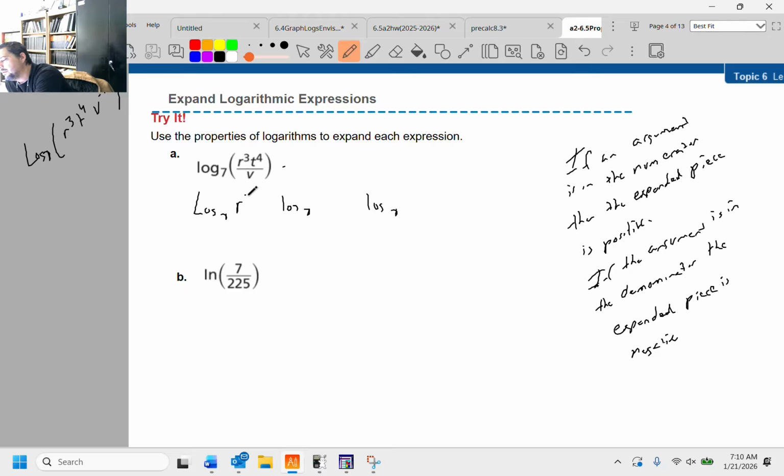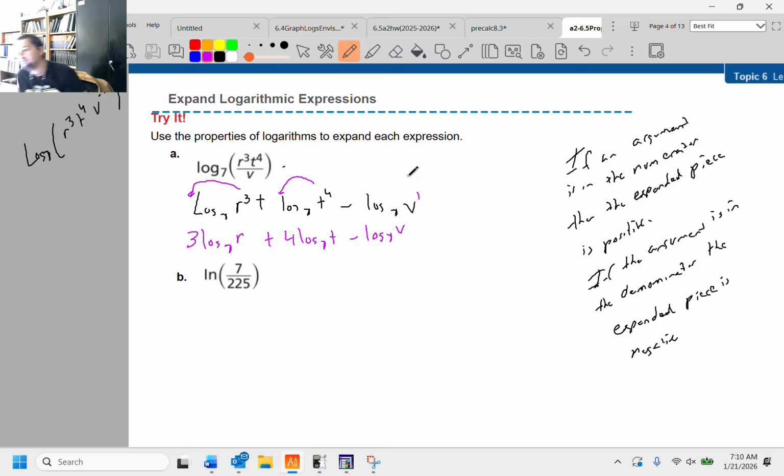One of them has an r cubed, plus, because this guy is also in the numerator, a t to the fourth. This guy is in the denominator, so minus a v. And then I need to take these exponents and shift them to the front of the bus. And I'll have 3 log base 7 of r, plus 4 log base 7 of t. And then, of course, no change to this guy because the understood exponent was 1, and those are understood in math.